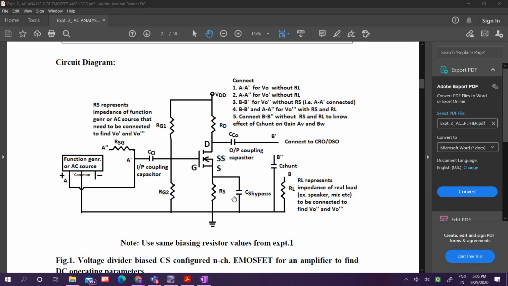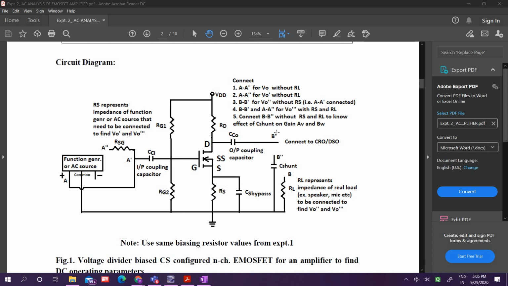So we can use a source bypass capacitance over here which has low resistance. That's why we choose a larger value, that is 100 microfarad. Current always takes the low resistance path. So the total current can flow through this branch only and no current flows through RS. So the voltage drop across RS is 0 because the current is 0.